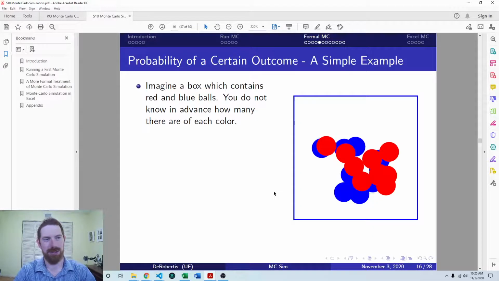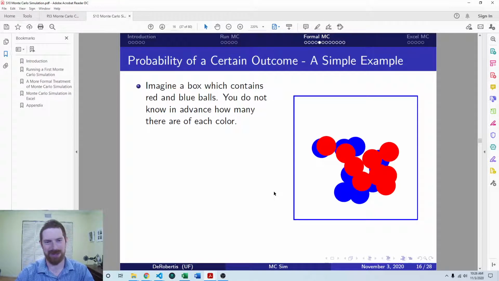So then coming to the probability of a certain outcome. This was where we were saying, what's the chance of getting $1,050 in our portfolio? To understand how this works, let's look at a very simple example.